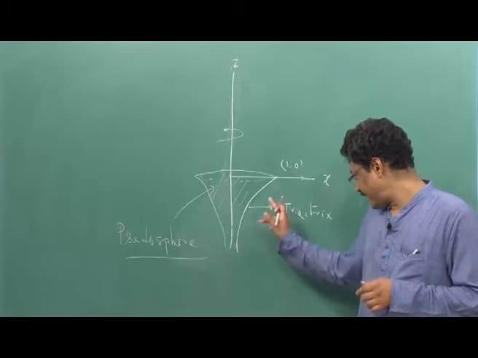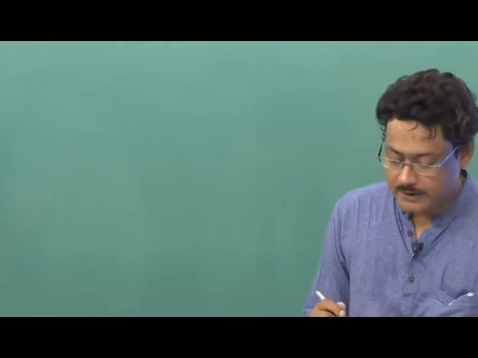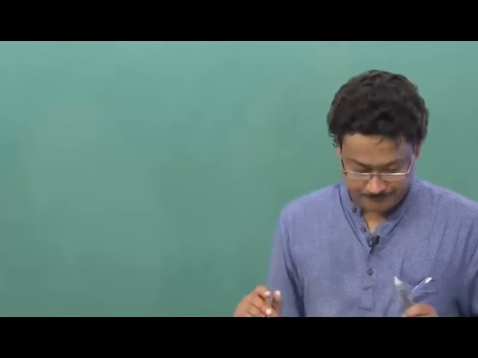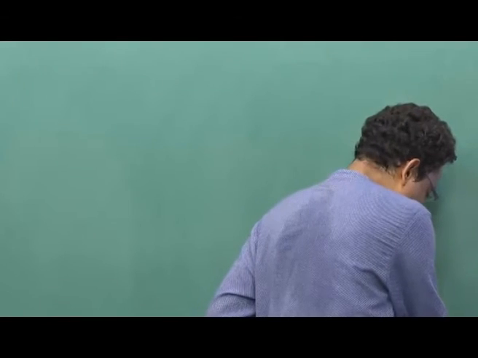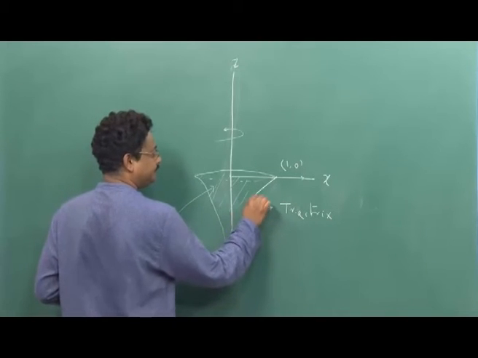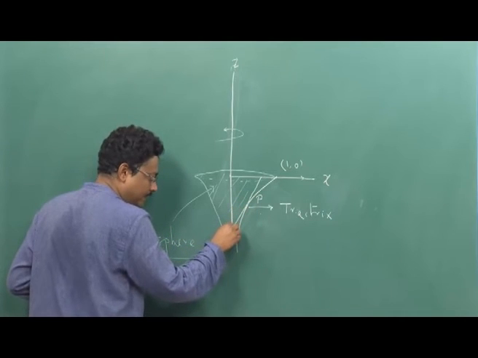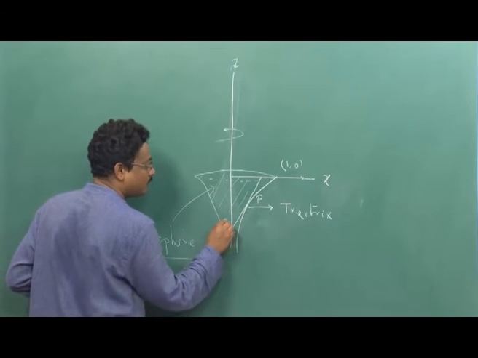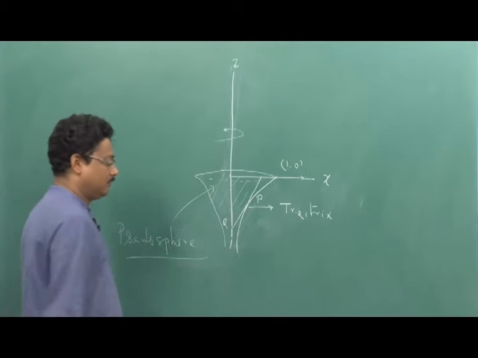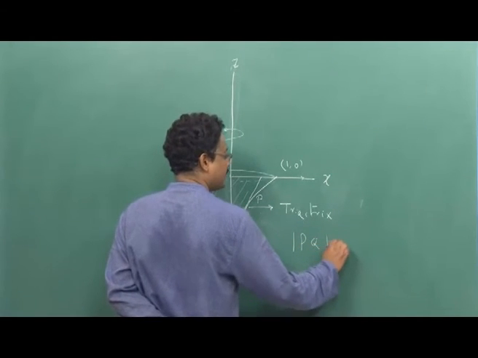But this curve tractrix has a very interesting property. If you take any point on the tractrix, let us say P, and you draw the tangent through P and let it hit the z axis at a point Q, then the length of PQ is always constant.